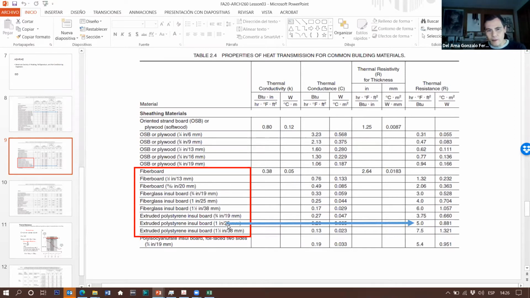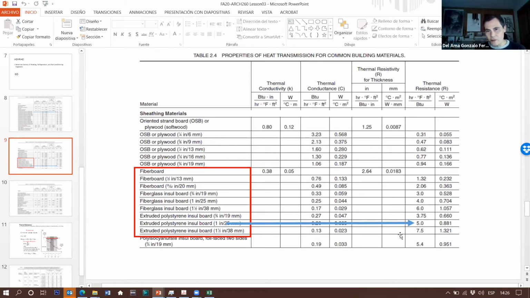Okay, so the easiest way is if I know the thermal resistance of 1 inch, 5, what is the thermal resistance of 6 inches? It will be 30. It will be 6 times 5. I have the thermal resistance of 1 inch of this extruded polystyrene, 5.